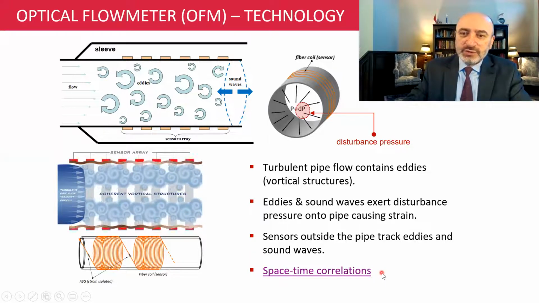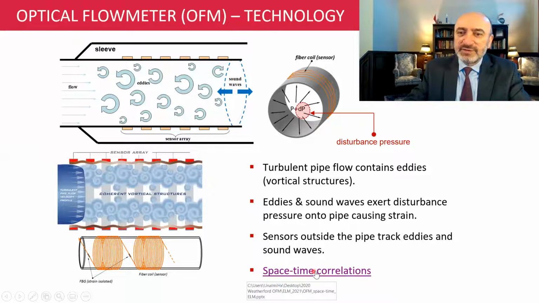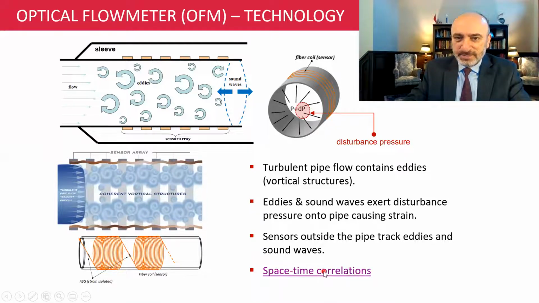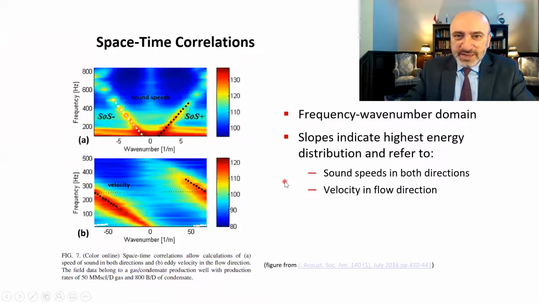I'm not going to go into the details of these techniques, but I will describe them in a nutshell. Essentially, the strain signal coming from the sensors is processed in the wave number frequency domain to determine the highest energy distribution of the flow.